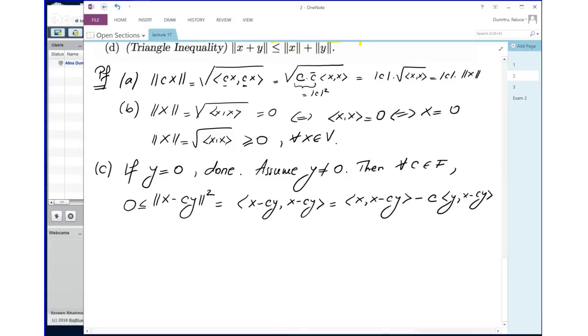Without a bar. All right, second entry. From the first inner product, xx minus xcy. Now c goes out as c bar from the second entry. Then minus cyx plus c bar yy. Let me know if you notice anything strange in what I'm doing.